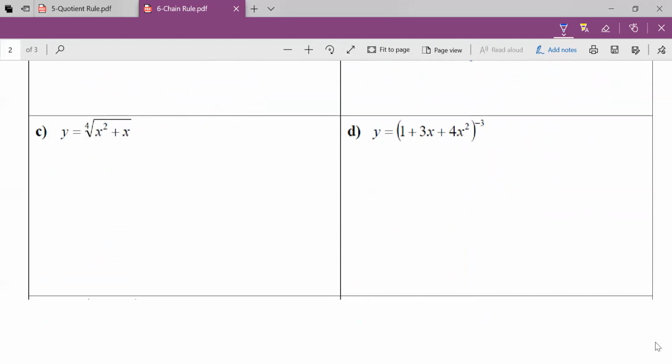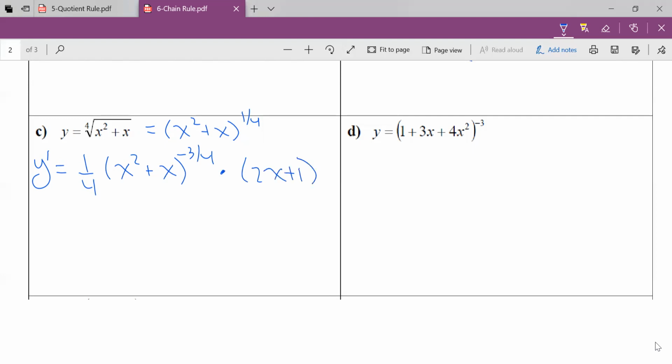All right, C. Well, the first thing I'm going to do on C, again, is I notice it's a function composed with a function. But I like to write my radicals as rational exponents. Now I take the derivative, so y prime, derivative of the outside is 1/4. So x squared plus x, subtract 1 minus 3/4, multiplied by the derivative of the inside, that's 2x plus 1.